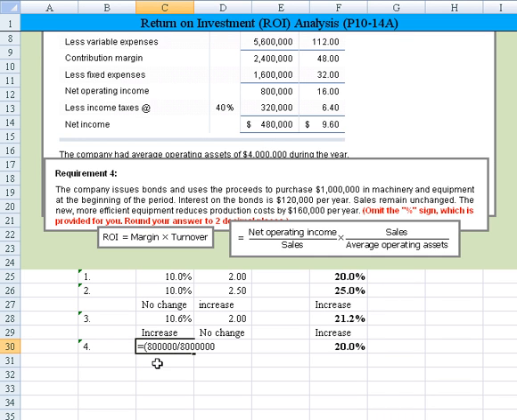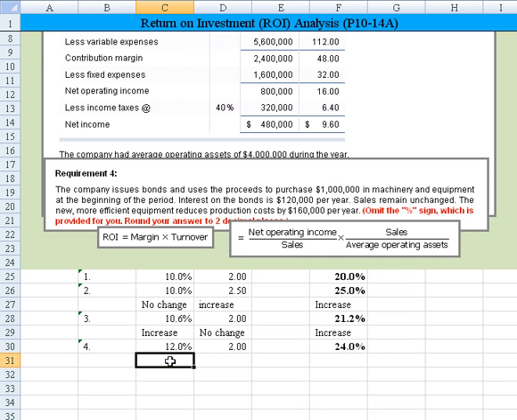We wound up with $800,000, but now we reduced costs by $160,000, so operating income would increase by that $160,000. Remember that interest is not considered an operating cost; it's considered a financing cost, so it gets excluded.